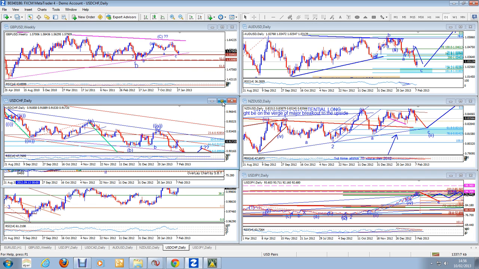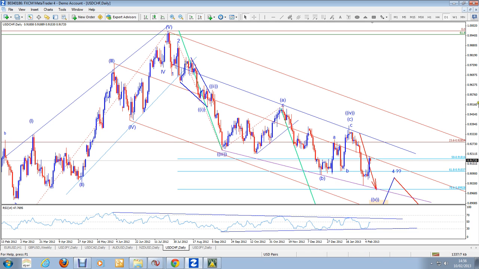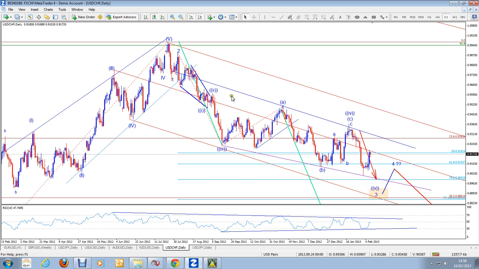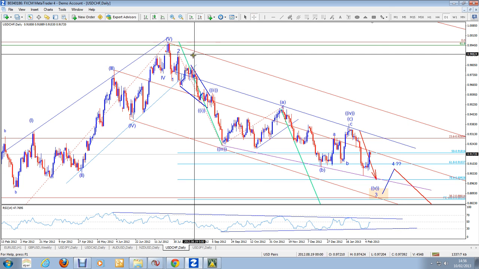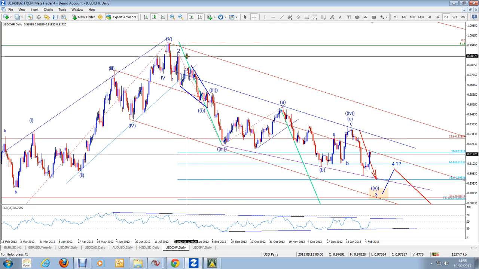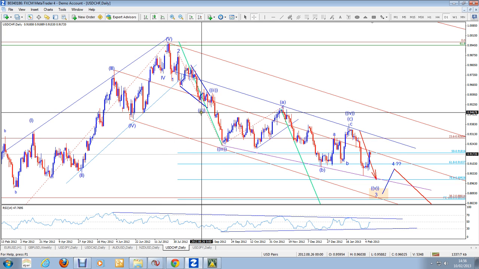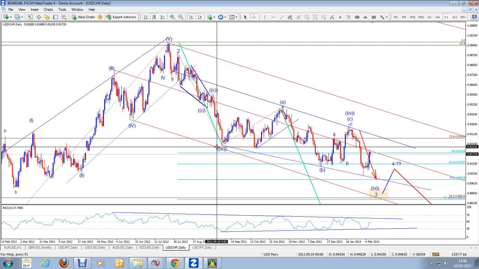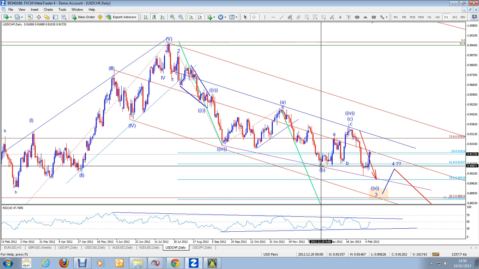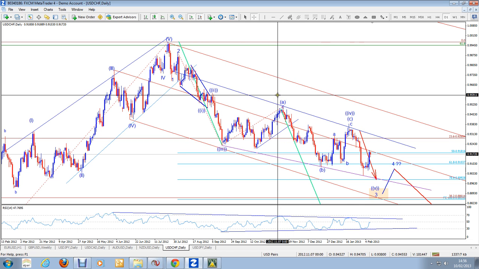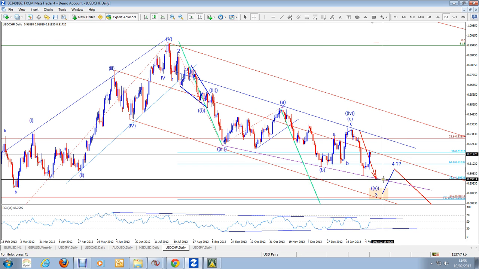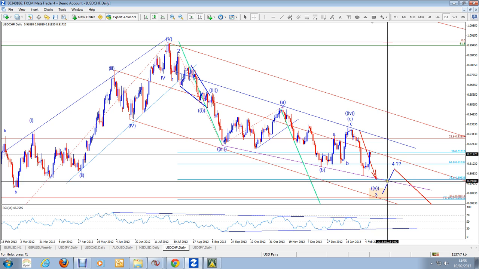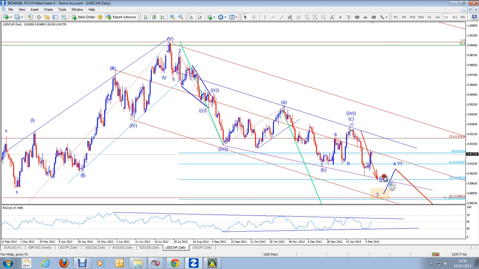So let's look at the dollar Swissy. I'm going to stick to my original count I had on here. So we've got 1 and 2, and then parenthesis 1, parenthesis 2, 3, A, B, and C, wave 4, and then this last one coming down, which we've already had, or one more leg down will actually complete this wave 3.